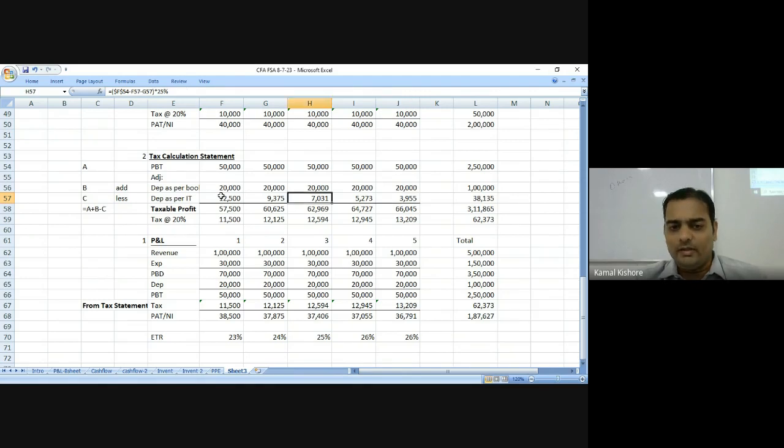So even if they do like this also there will be a difference. That means depreciation is one such item which will always cause a difference.